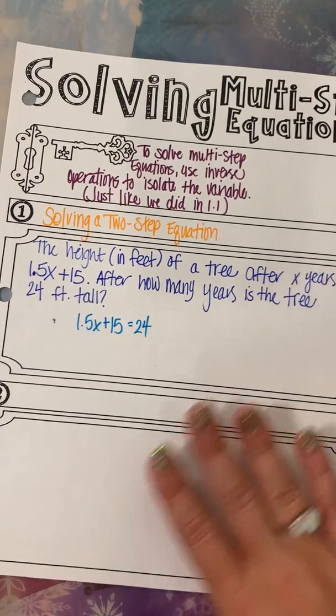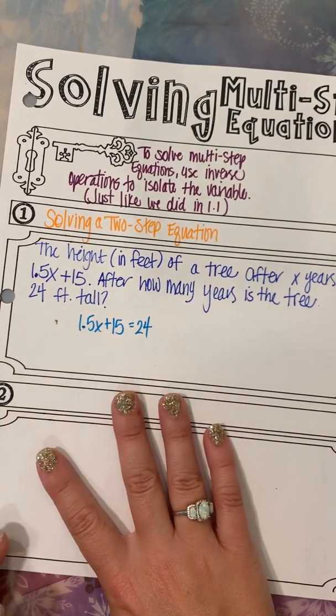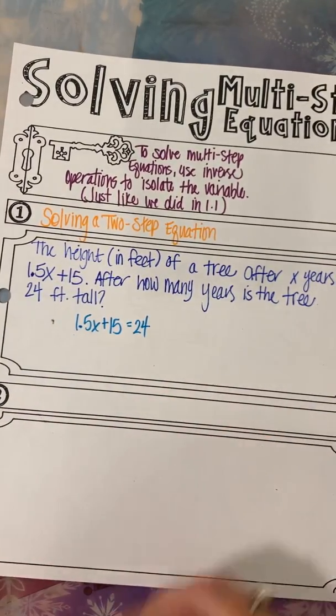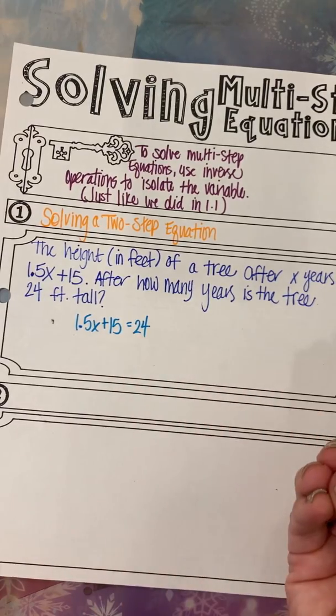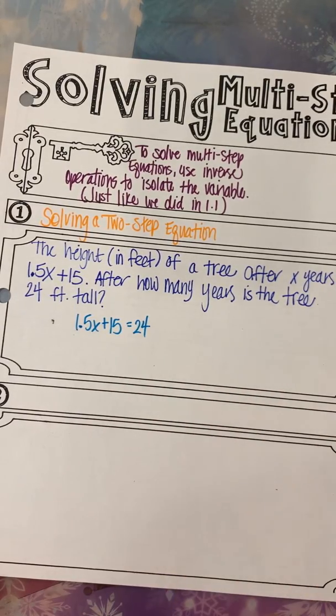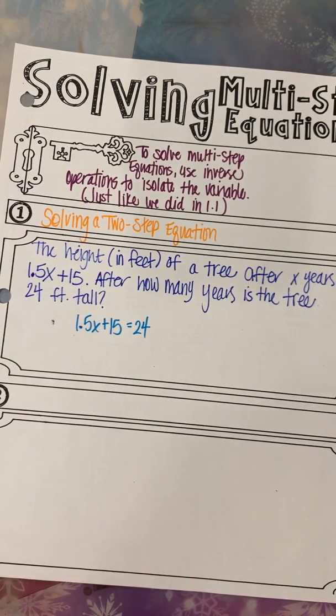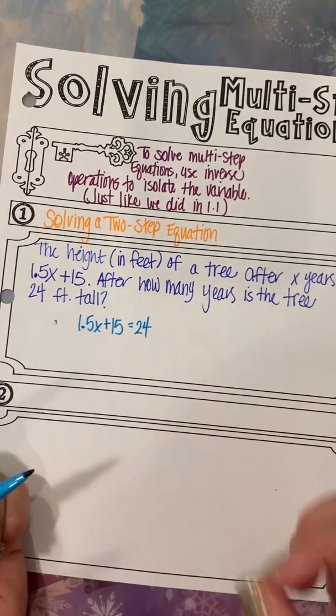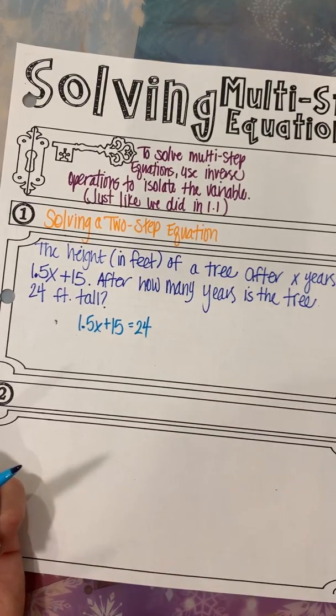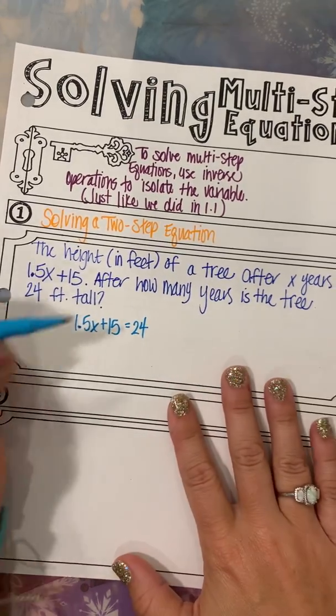Now, if you remember back to what we did in 1.1, it gave us either x plus 15 equal to a number or 1.5x equal to a number. This is called multi-step equations because we're now doing both of those things at the same time. So we have to do essentially the opposite of the order of operations, and we're going to undo our addition or subtraction first.